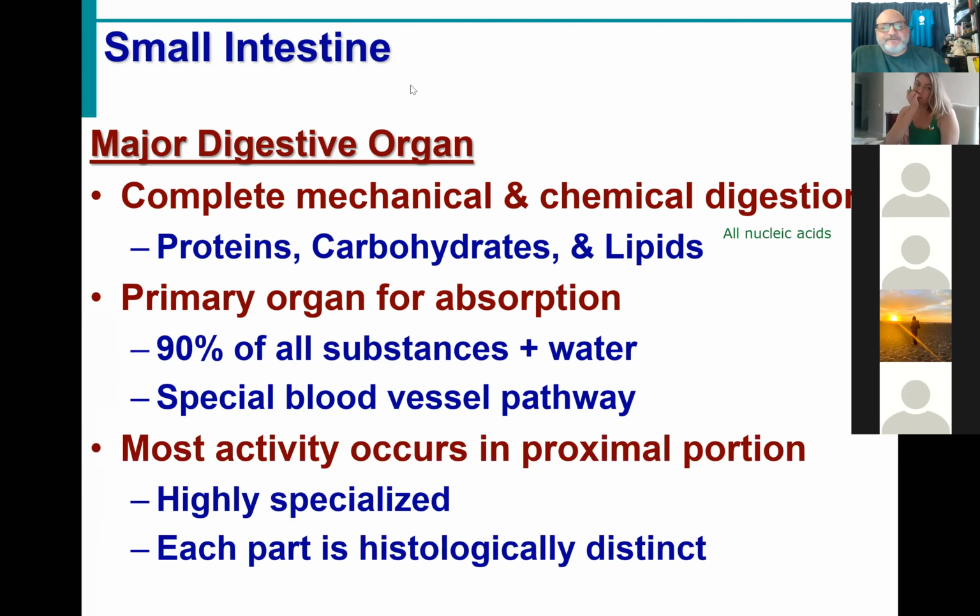Excellent. And most of this digestive function occurs in the proximal portion. As I said, the small intestine in general is highly specialized for its job, but the three regions are also histologically very distinct from each other, and we will easily be able to tell them apart.